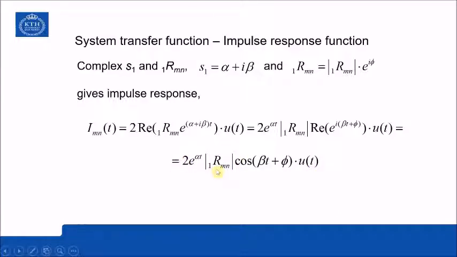This factor here is the amplitude, and this determines the oscillation. The free vibration angular frequency is determined by this beta, that is the imaginary part of the pole. As for the amplitude's time dependence, since alpha is always negative, it turns out to be a free vibration decay.